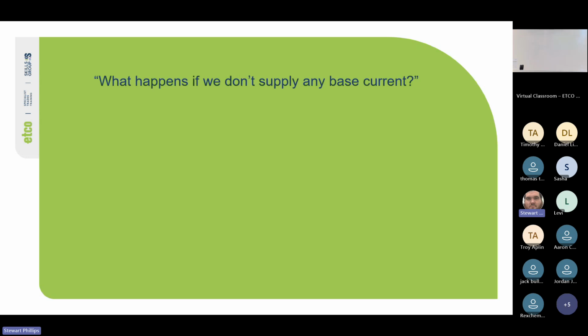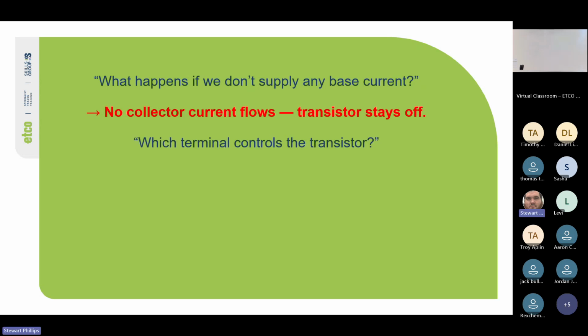Cool. So what happens if we don't supply any base current? Basically no collector current flows, so the transistor stays off. Which terminal controls the transistor?